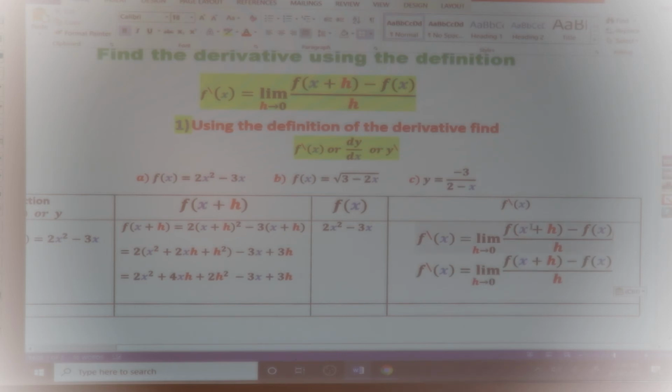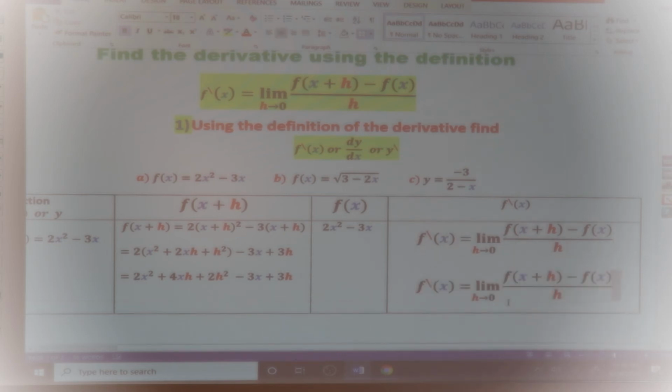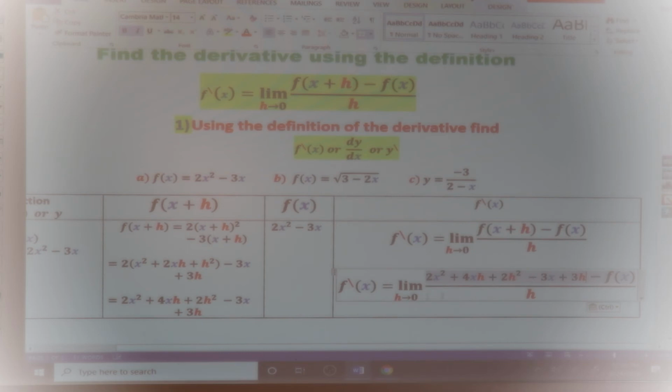Now, since we know f of x plus h, you see this guy, it's this guy. Then I'm going to take all this guy here and change this to be here.